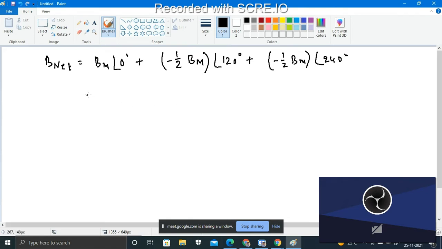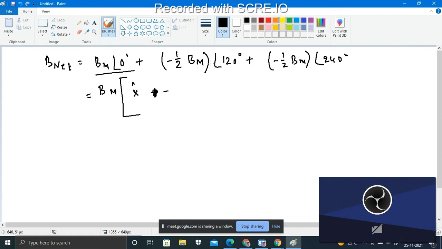If I redefine the equation, it will come according to the unit vectors. Bm will signify my x component, and this particular function has two functions, one a cos function and another a sine function.